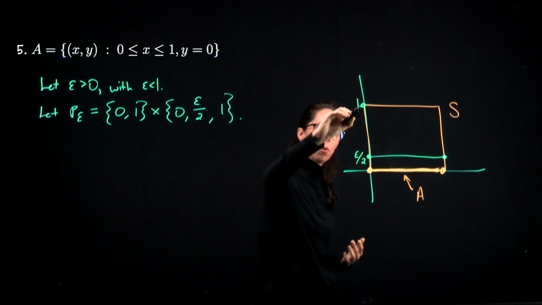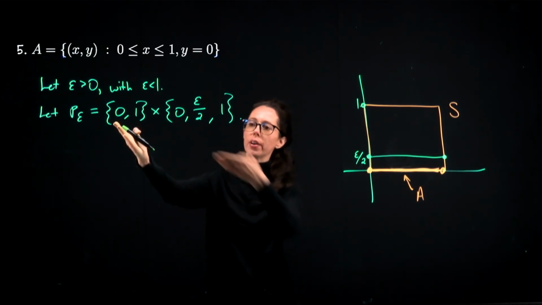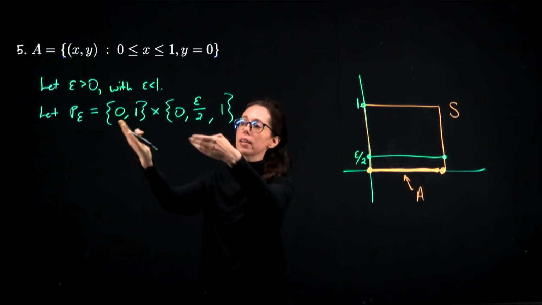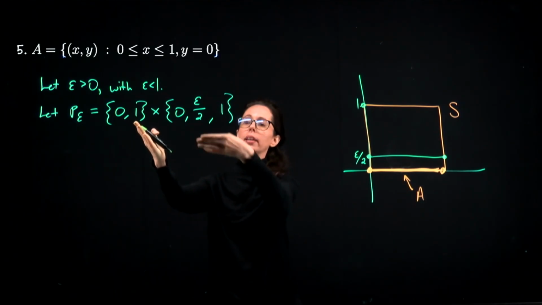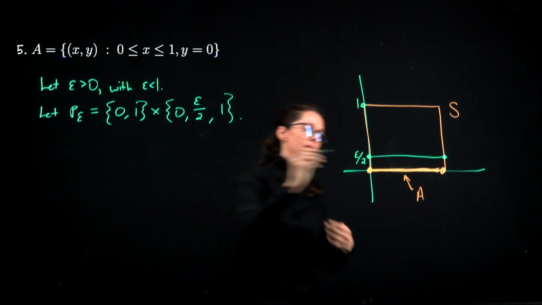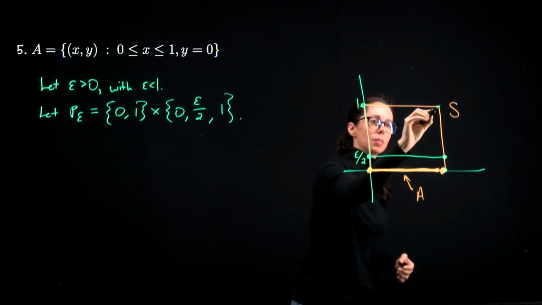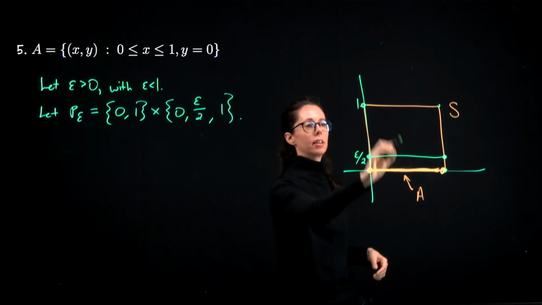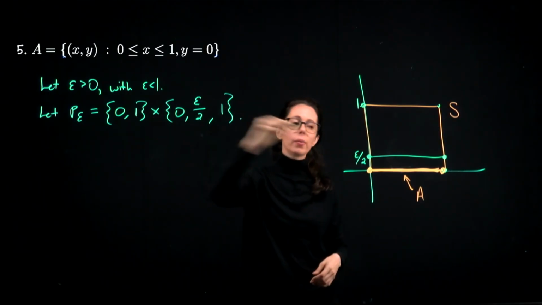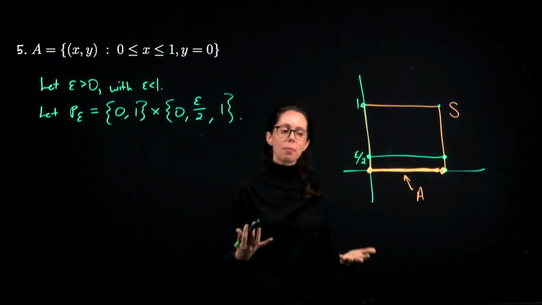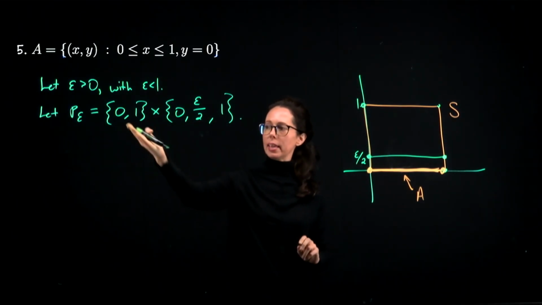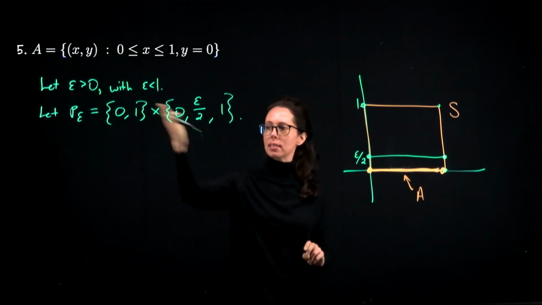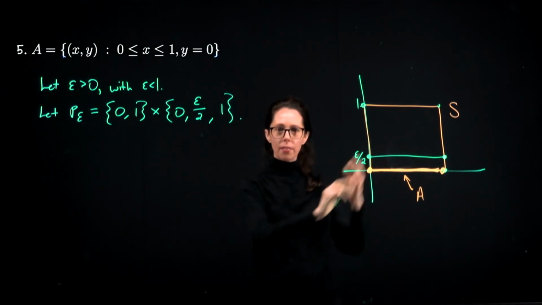So these 3 points are partnering up 0 with the coordinates from the second set. And then same thing, 1 cross this gives us this point, and this point. If I had made a slice in the x-coordinate, I would have another coordinate here, and it would give us 3 more points for a total of 9 points. Okay, so it's like the x-coordinates cross the y-coordinates. This is defining this partition of S.